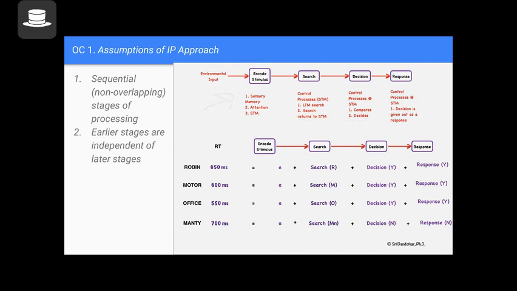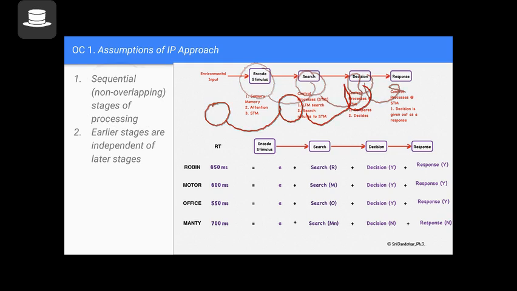Well, I hope you've tried to think about it. One assumption of the memory model is that the processes are sequential. In other words, first encoding happens, then the search happens, then the decision happens, then the response. Or if you're talking about the memory systems itself, it's sensory memory, short-term memory, long-term memory, right?